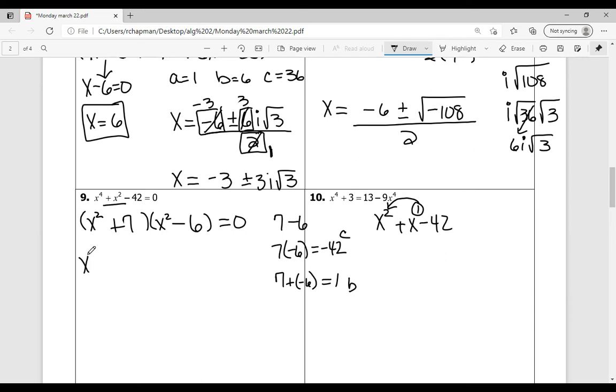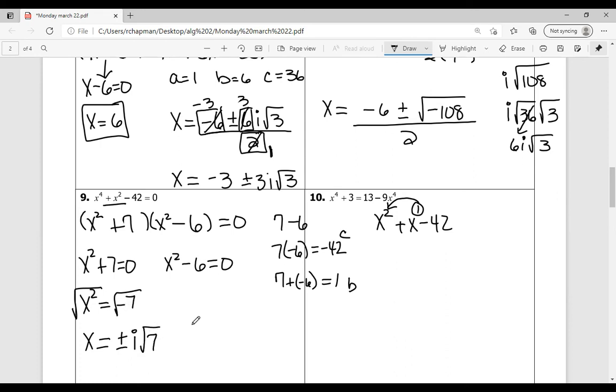Now, I have 2 quadratics that I'm going to set equal to 0, and I'm going to use the square root property. So I'm going to subtract 7. Take the square root of both sides. And that gives me plus or minus i square root of 7.